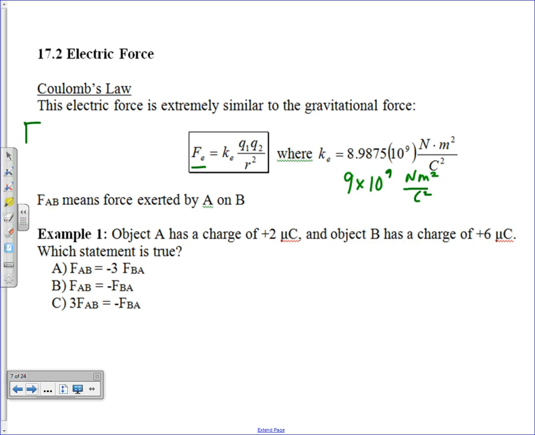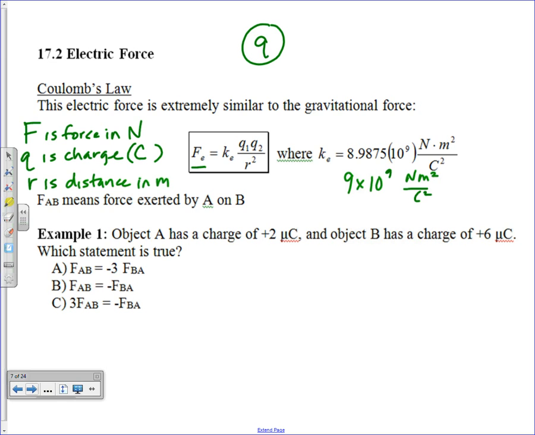So again, F is force in newtons, Q is charge, and that's in coulombs, and R is distance in meters. And similar to gravitational force, what this does for us is it gives us the force between 2 point charges, Q1 and Q2.